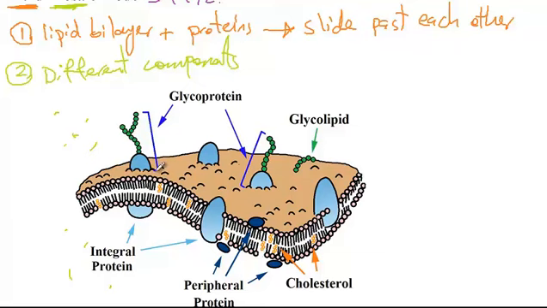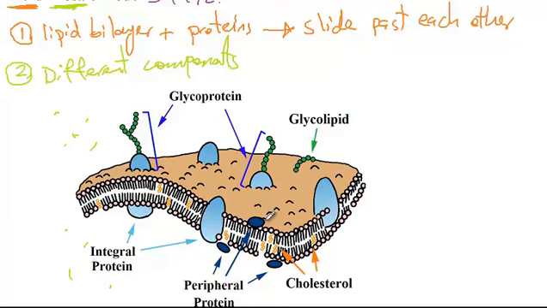Then we have the integral proteins, which run the entire span, or could run part of the span of the cell membrane, and they are shown in light blue color right here. So remember, these proteins are also amphiphilic because part of them is hydrophobic, while the other part that is exposed either on the outside of the cell or on the inside of the cell is hydrophilic.